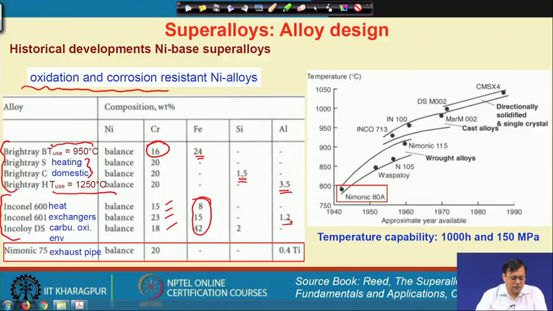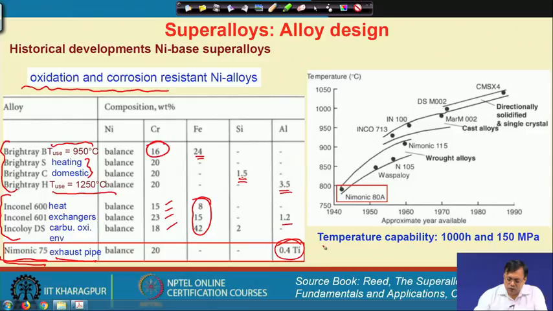Along this direction, the Nimonic series came up, which is used, let us say, for exhaust pipes, where good high temperature properties are also needed, and some amount of titanium is also added.